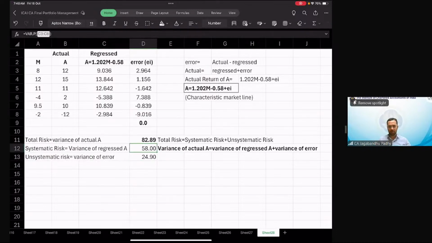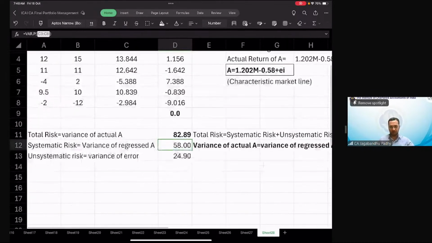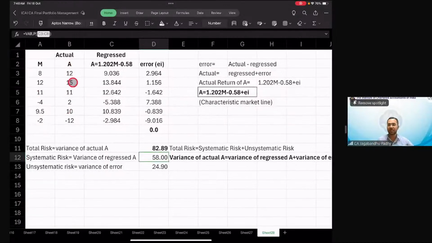So moreover, you can see that the variance of the actual returns works out to be 82.89. Variance of the regressed values of A is 58. And unsystematic risk variance is basically 24.90. And you can definitely see that the total of these two matches 82.89, with some minor rounding error, but that's okay.